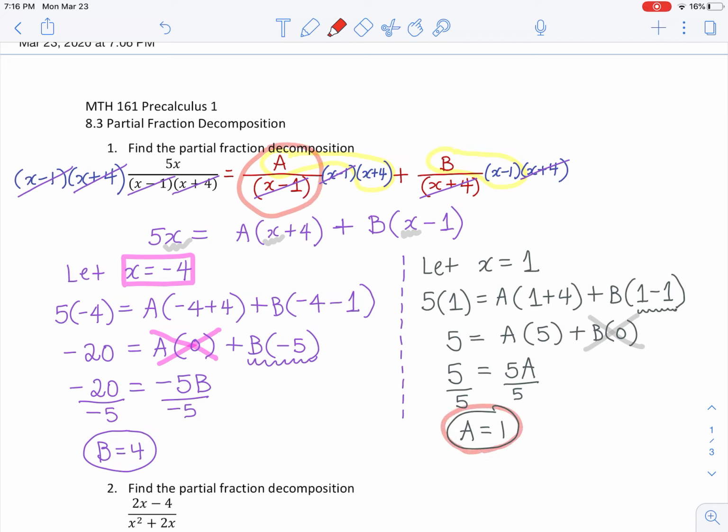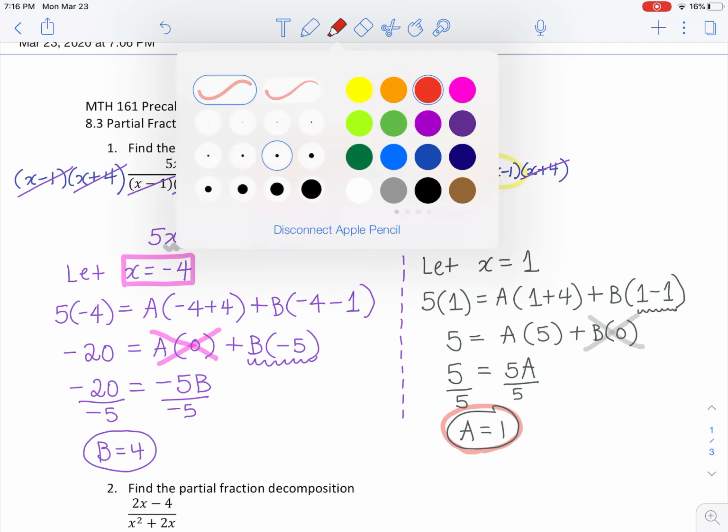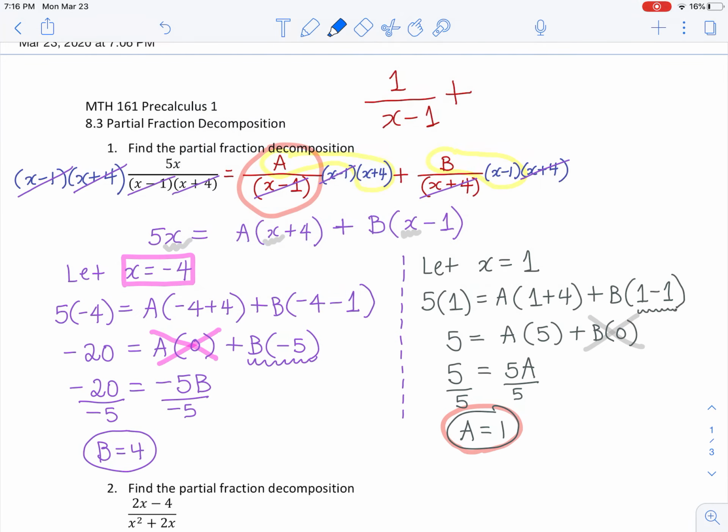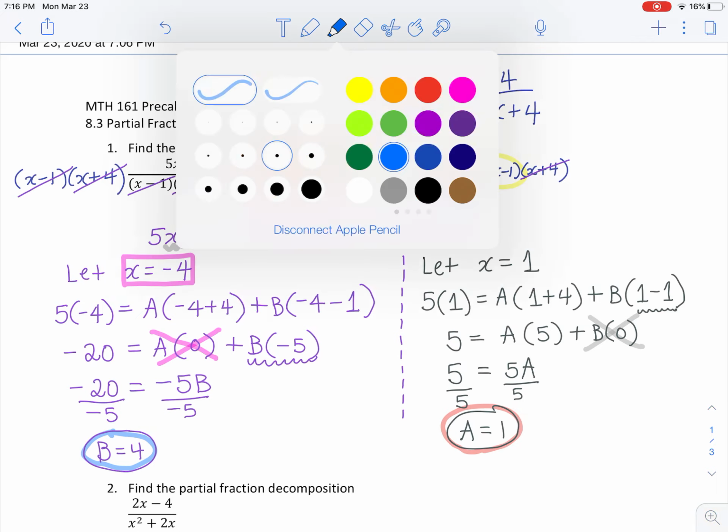A is 1, so my first rational expression will be 1 over x minus 1, plus, now what's the second fraction? The second one has to be B over x plus 4, which is 4 over x plus 4.